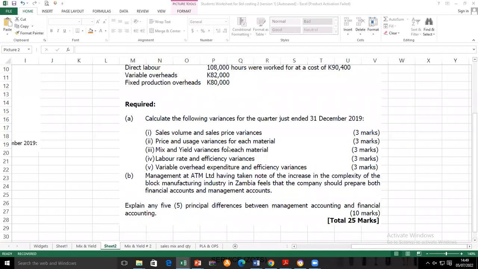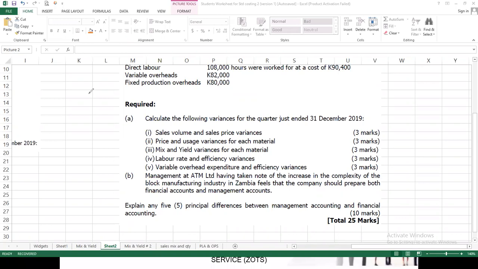So yesterday, what did we look at? Remember yesterday? Yesterday we did a question. In that question, we looked at material variances. For material, we looked at the price.